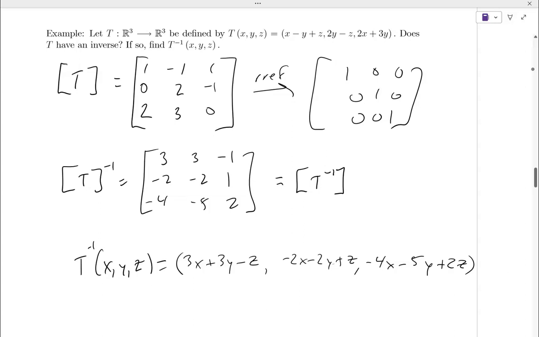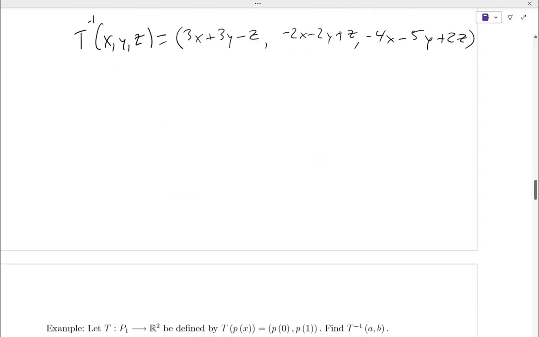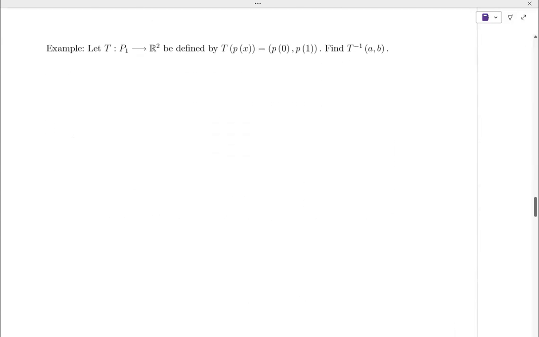Good. All right. So let's see if we can do the next one. In this one, we've got the transformation going from linear polynomials to two-dimensional vectors.